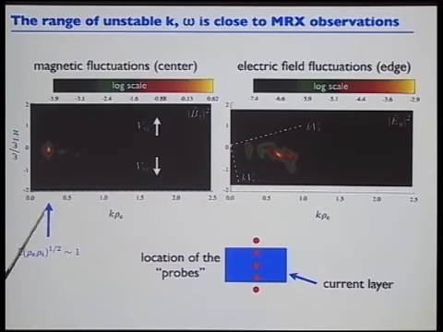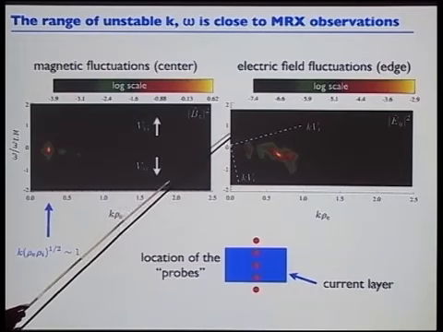In the center, the important point is that he's seeing power right near this characteristic scale that we studied in Harris sheets. So we think it's fair to interpret this wiggling we're seeing in the layer as the same thing that we were studying in the simplified Harris sheet geometry, which is the same thing we had a Vlasov theory for.